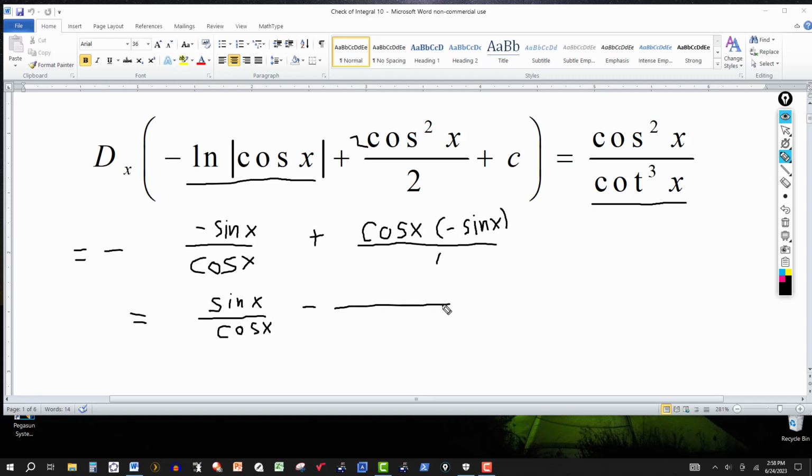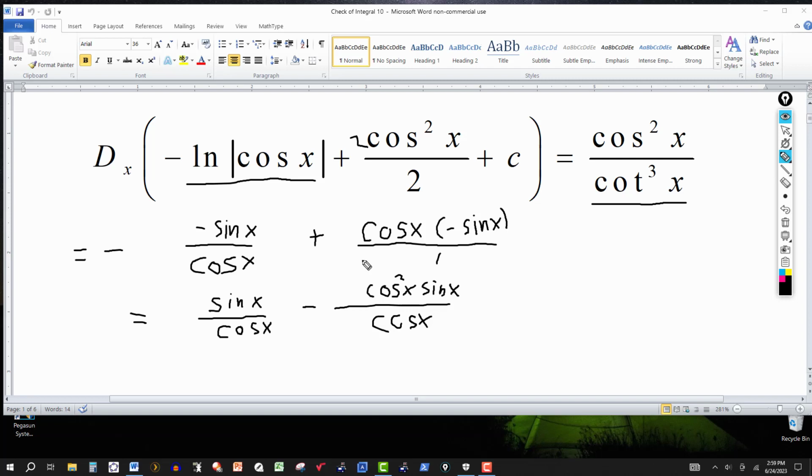Minus cosine squared of x sine of x, and that's over cosine. So we multiplied by cosine in the denominator and top to get the common denominator.